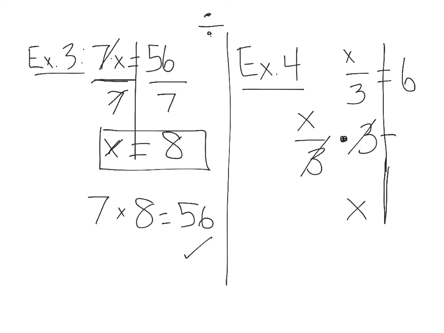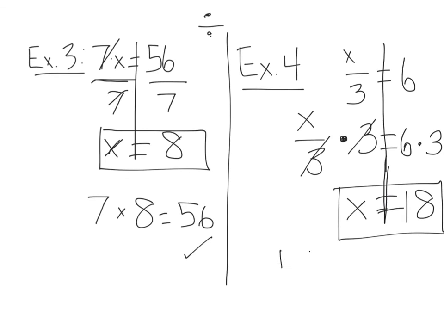But our rule in math class is that if we do something to the left-hand side, we must also do it to the right side. So if I'm going to multiply 3 to the left, I also have to multiply 3 to the right. And 6 multiply 3 makes 18. And 18 makes sense as our answer because originally 18 divided by 3 does make 6.